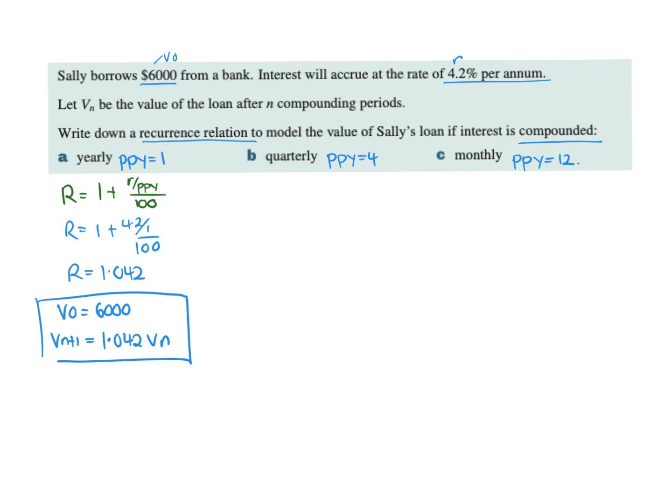Now, if I do the same for this one, it would be 1 plus the rate, little rate, which is 4.2, but over 4 over 100. Now, just to make sure, when you're doing this on the calculator, I want you to do this exactly how we're writing it out.